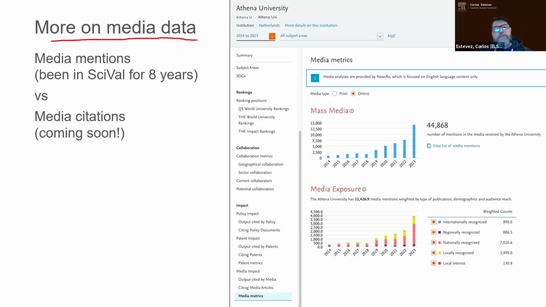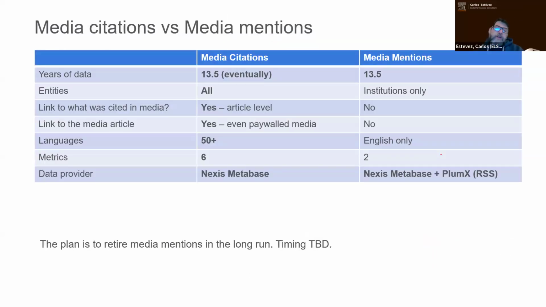We want to improve our media data. We have some media information on SciVal, but we want to improve that and have new sets of documents that make the information in this model more meaningful.